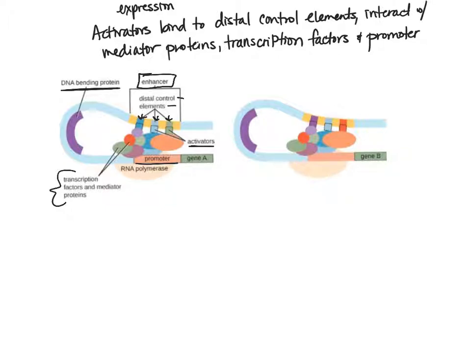And when something's attached to the promoter, it's going to promote RNA polymerase binding. And so then when we have all of these things coming together, it's going to be able to move down and be transcribing.